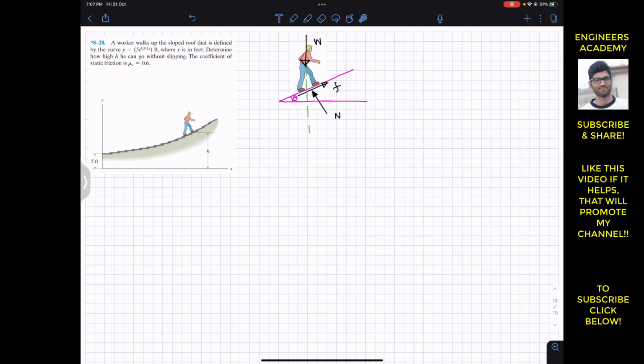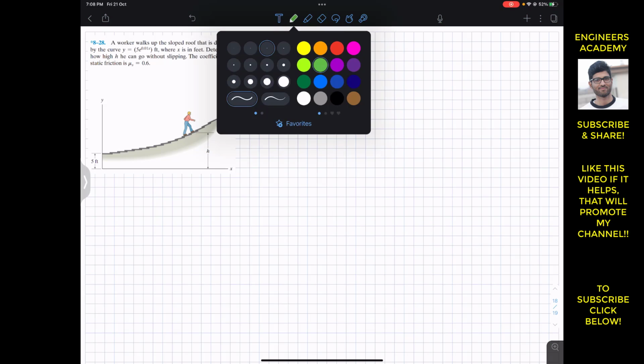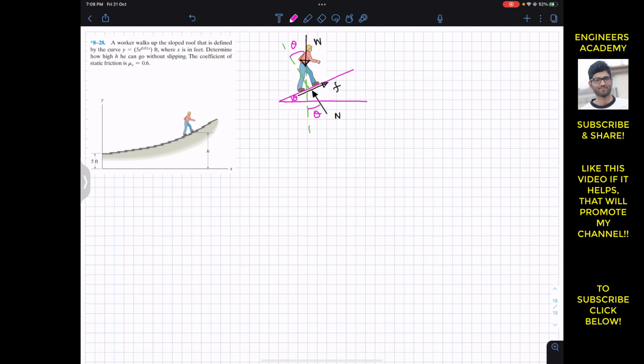Now as we can see, this N is perpendicular to this line, and this vertical line is perpendicular to this line. So if the angle between this line and this line is theta, then the angle between this and this line is also theta. And if I extend the line of action of this normal force like this, this weight is going to make that same angle theta. So this is also angle theta.